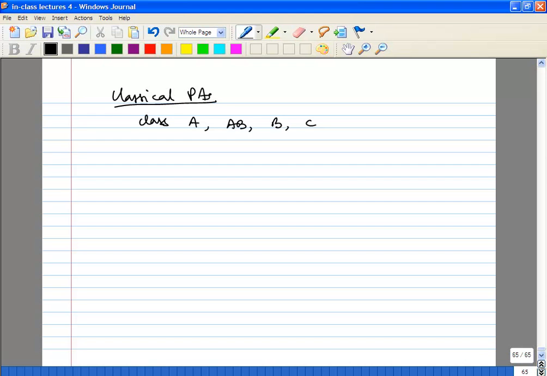That is the amount of time during the cycle when the transistor is actually on, conducting. So the class A has a 360-degree conduction angle.